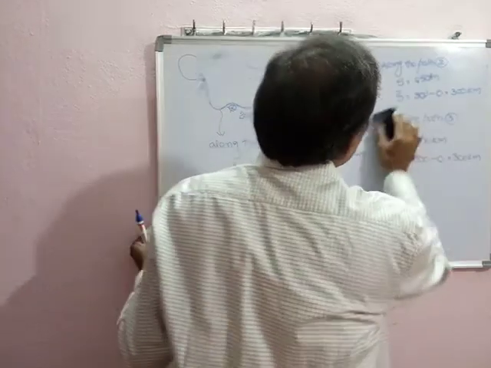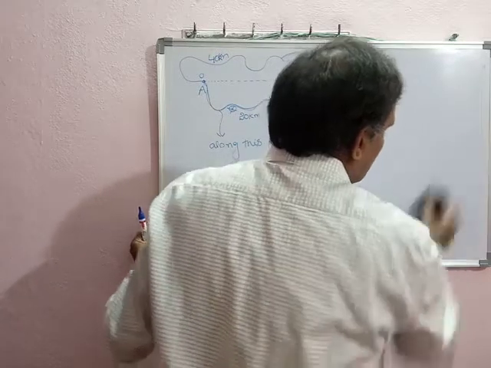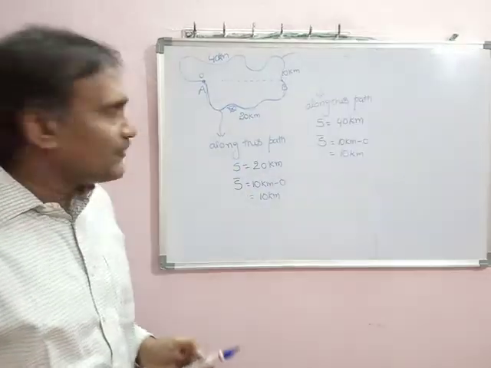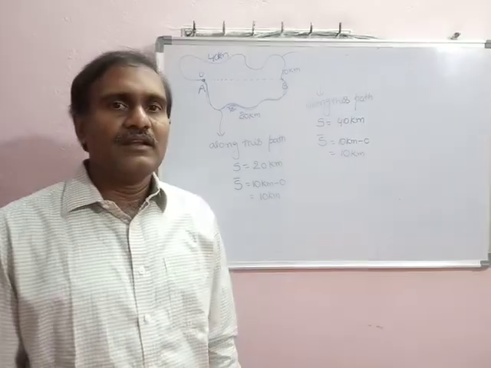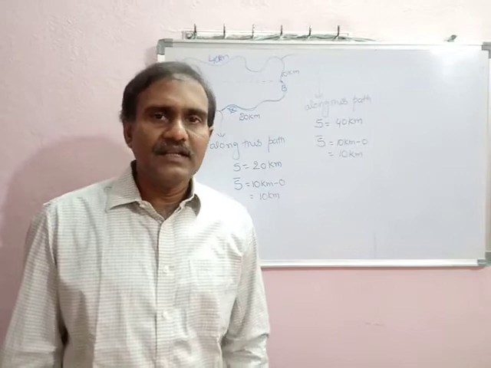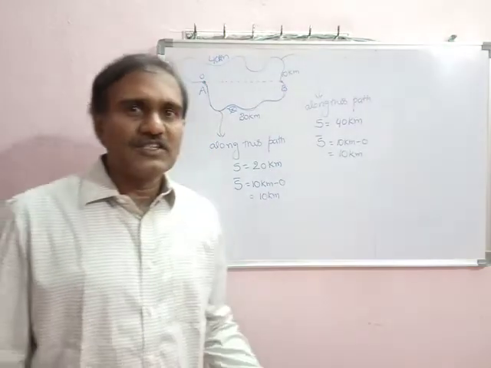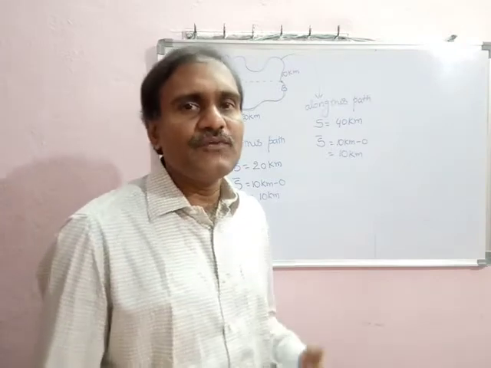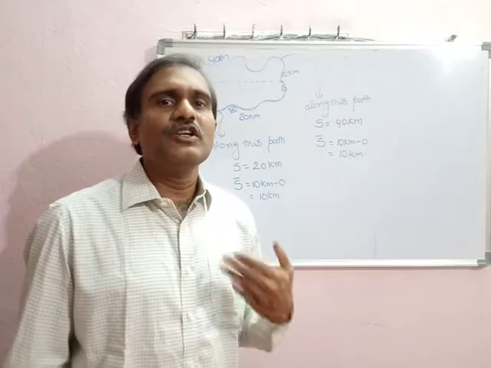Now, what is the definition of displacement? It is the difference between the final position and the initial position. Another definition, in your 10th standard, or in your 9th standard, which definition did you know?